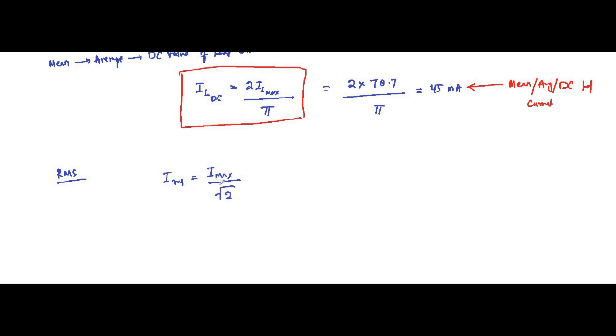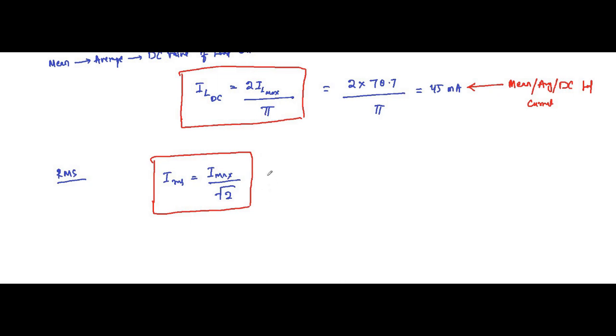For half wave rectifier it was Imax by 2. Okay, Imax by 2. But here for full wave rectifier it is Imax by root 2. Similarly for voltages, Vrms is equal to Vmax by root 2. Similarly for voltages, Vdc is equal to 2 Vmax by pi. Okay, these are the handy formulas which you should remember. RMS value is maximum value divided by root 2.